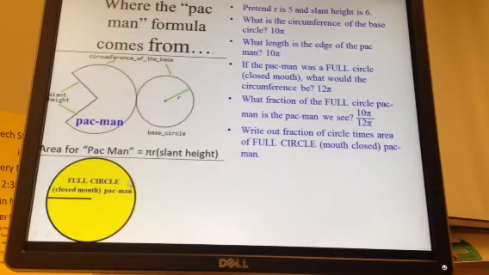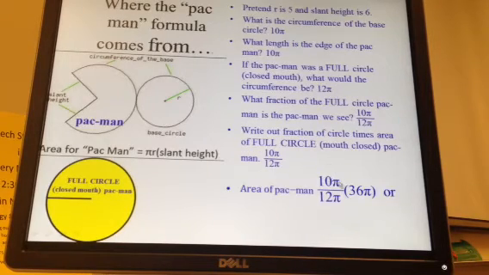Our mouth closed would be 36 pi if it was a full circle, but it's a fraction of that, and we know what fraction it is. It's 10 pi over 12 pi. So 10 pi over 12 pi times 36 pi is the area of the Pac-Man.